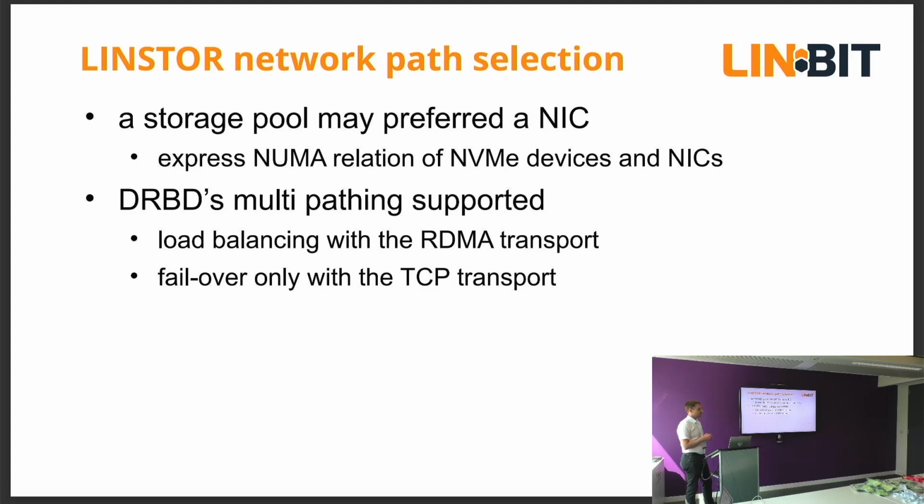So if you have really saturated your DRBD network, it could happen that LINSTOR can't communicate with each other because it is so overwhelmed by the DRBD replication data that you get problems there. And so one way would be to have a second network interface card and have just the DRBD data over that NIC. And yeah, DRBD has RDMA support also, and you can also configure that, of course.